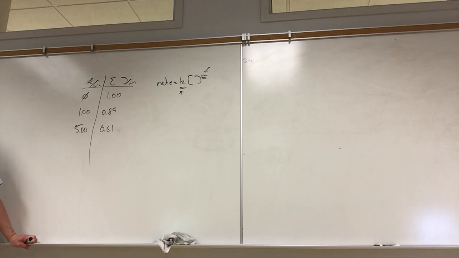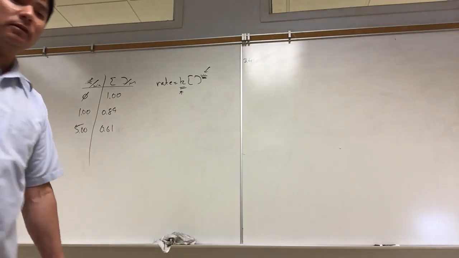But how would you figure out what order it is? Compare the K's. If it's second order, then all the K's that we generate should be constant or the same. And if we assume it's first or 0 order, the K's wouldn't be constant. The K's would be quite a bit different. And so we just compare the K's. What K's do we compare?